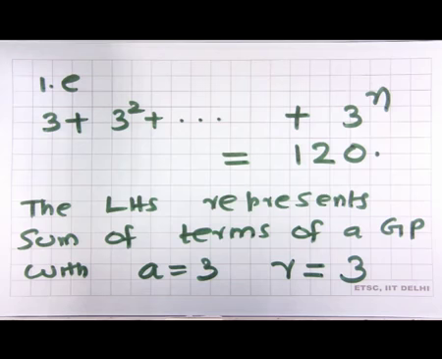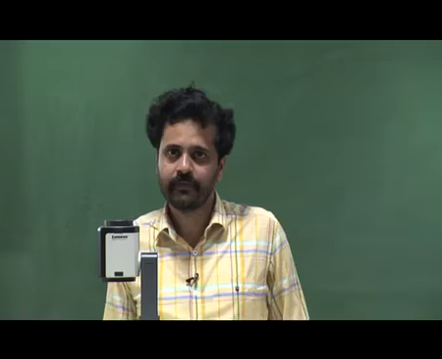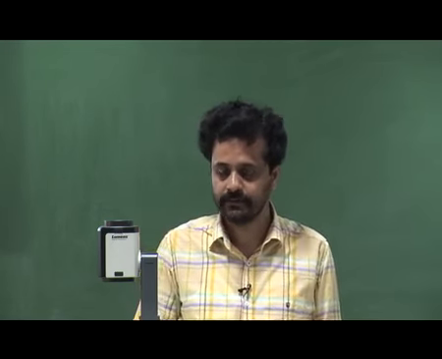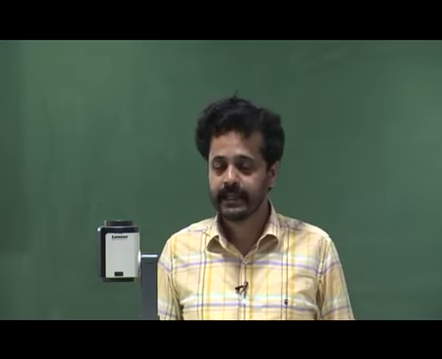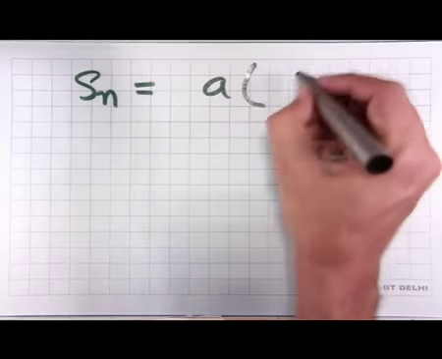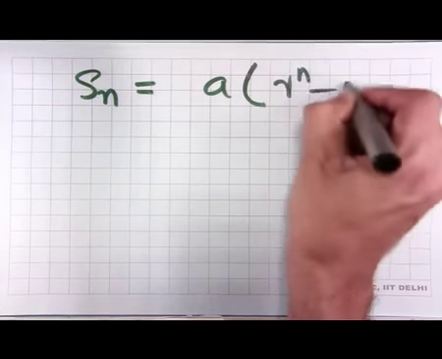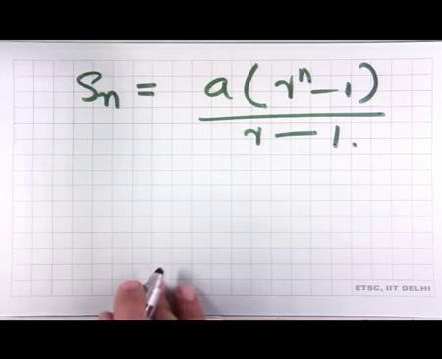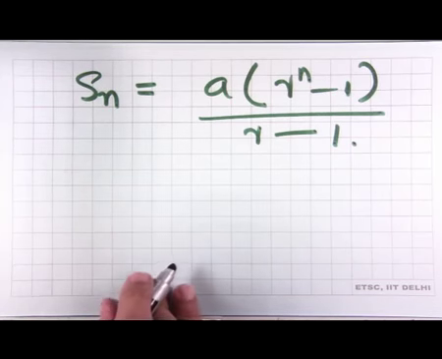Let us recall the formula to sum the first n terms of a GP. It is Sn is equal to a into r power n minus 1 by r minus 1. This is the sum of the first n terms of a GP.